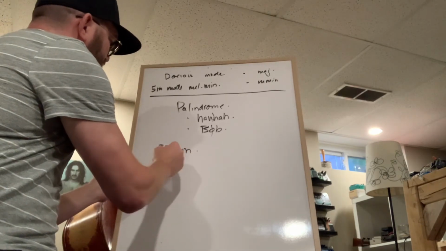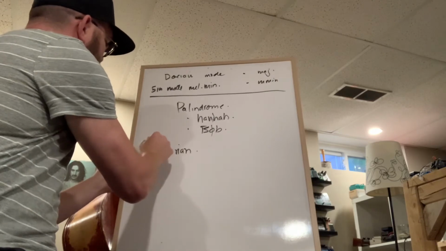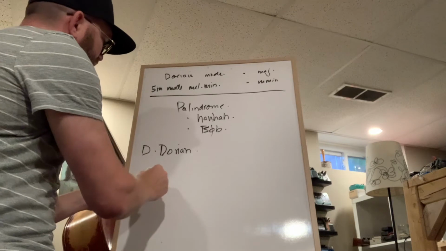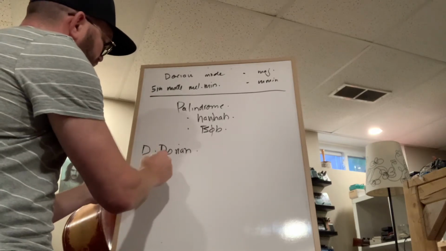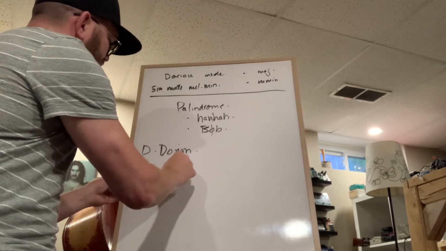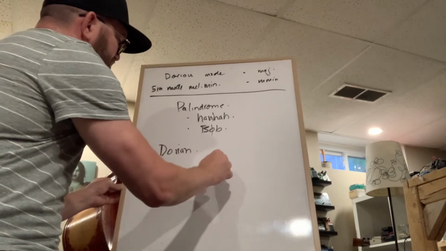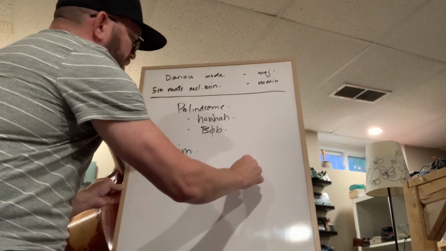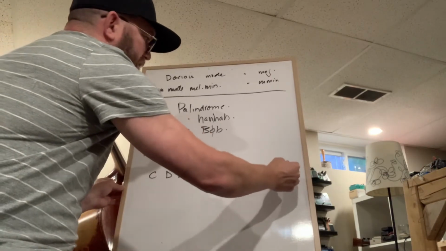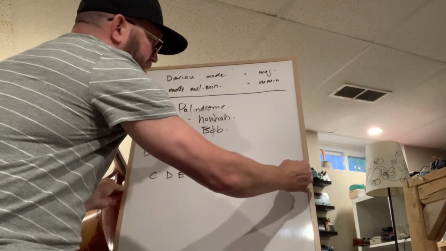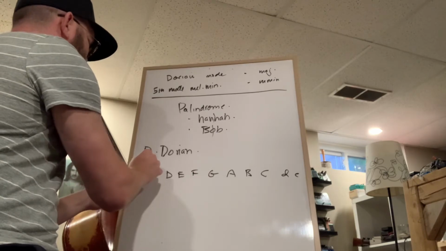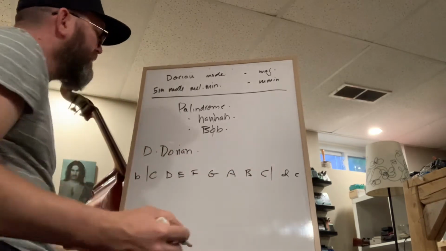So if we're talking about, let's say, D Dorian, well, if we look at the C major scale, you get C, D, E, F, G, A, B, C, and it goes on. This is basically one octave right here.